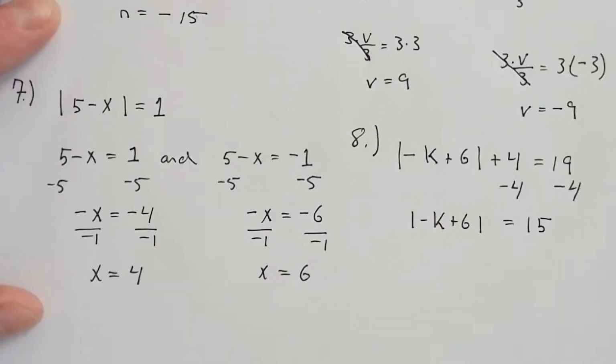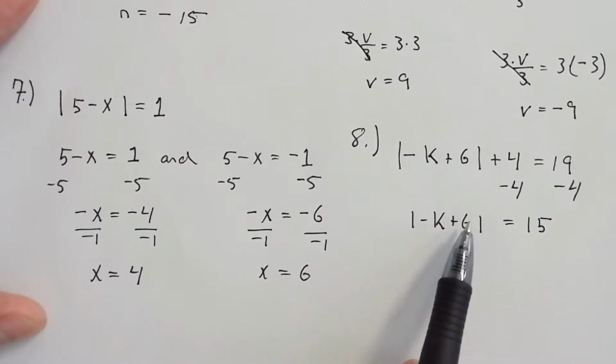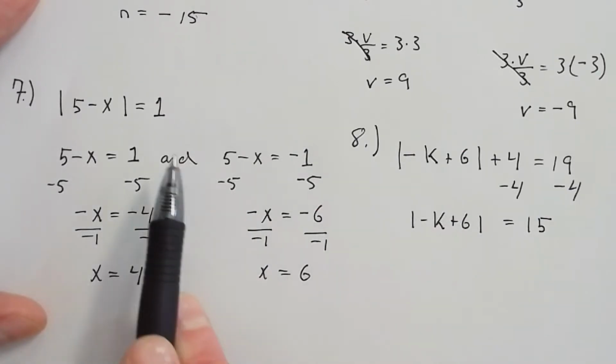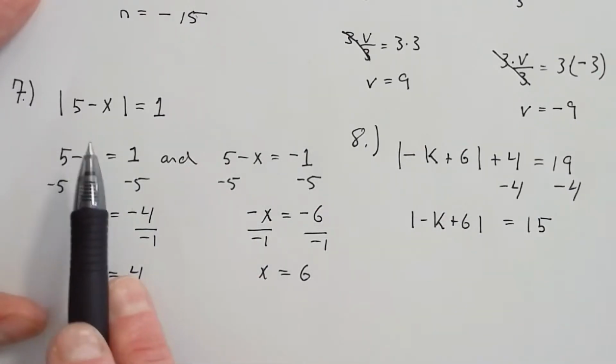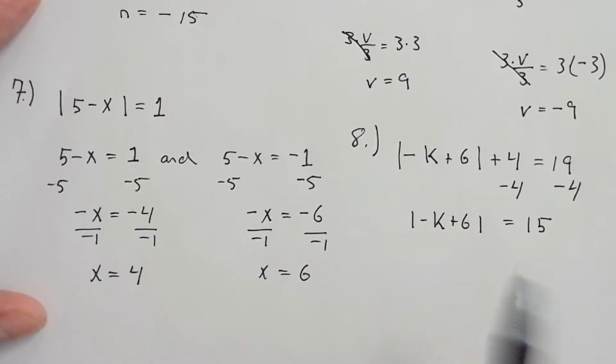And we're right back up here with this type of problem, number 7. You can see that this is set up identically to this. So we're going to do the same thing we did for number 7.